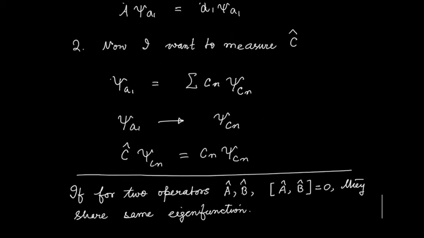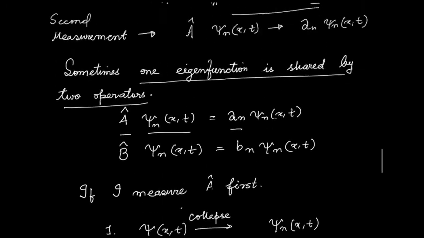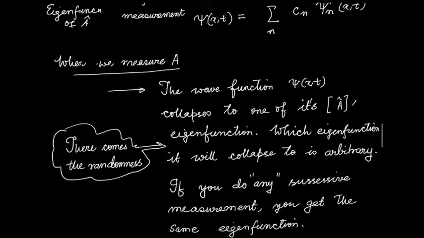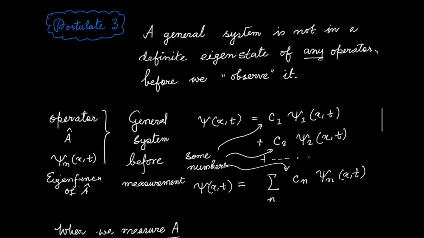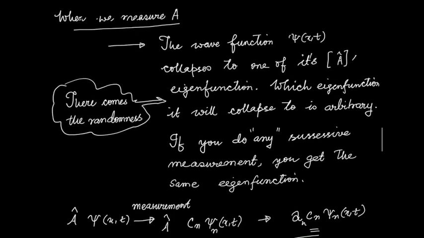Okay, so this is about postulate 3. Postulate 2 told us that it is going to be non-probabilistic, and postulate 3 now tells us that it will arbitrarily collapse into whatever state it wants, and it is absolutely probabilistic. You don't have any way of predicting which state it will collapse to.